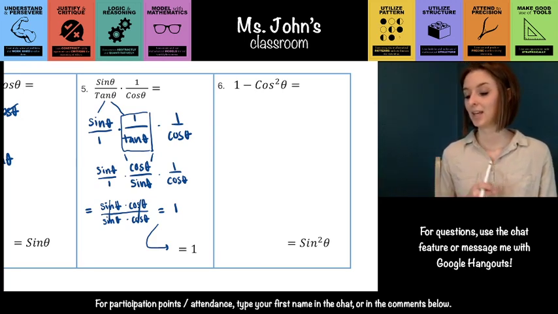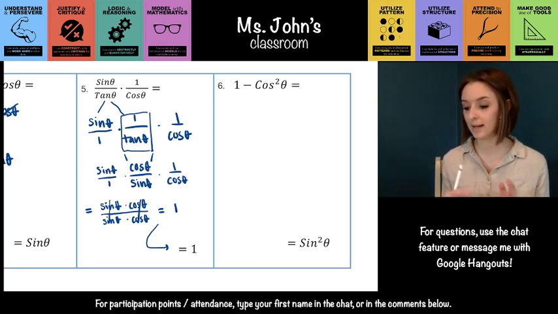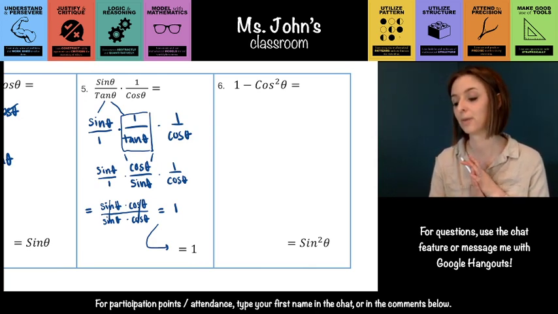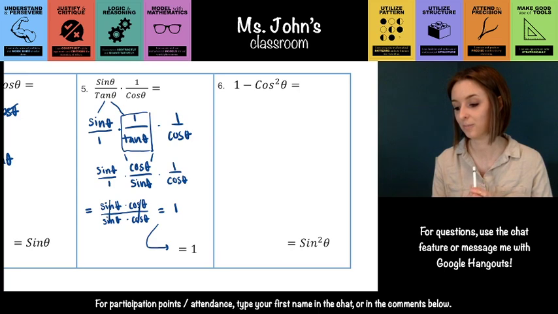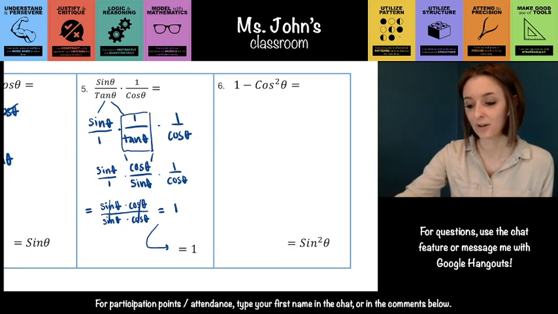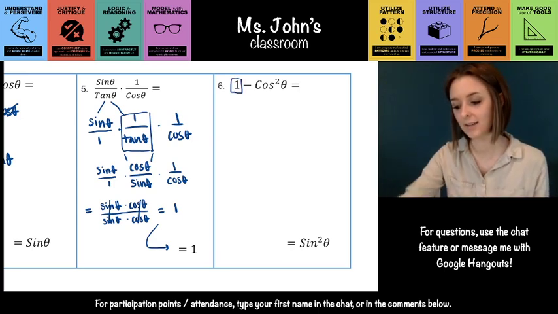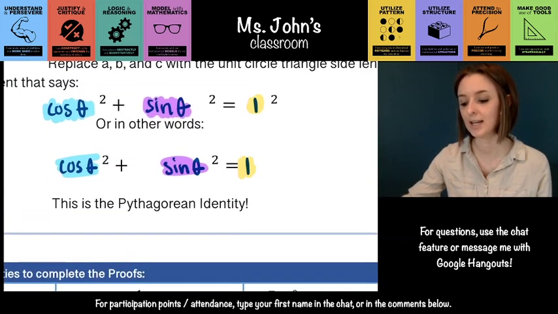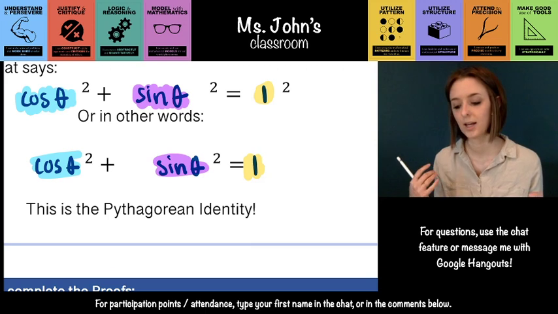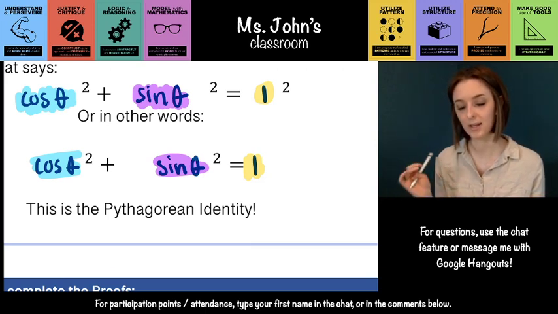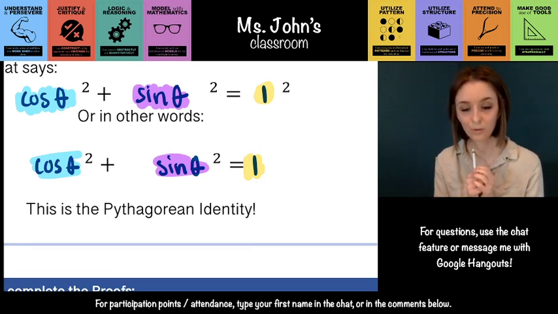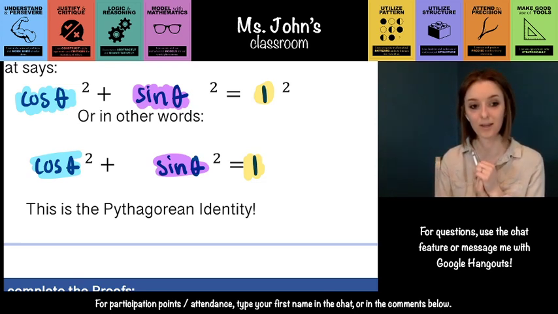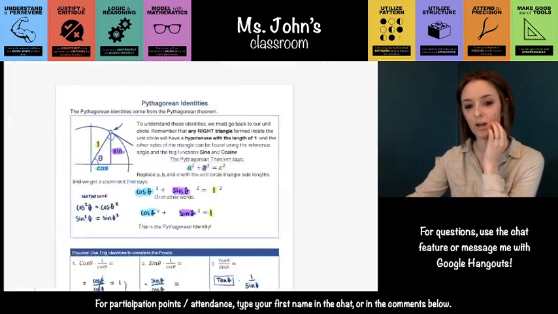It's YouTube. Okay, 1 minus cosine squared of theta equals sine squared of theta. That's what we're trying to prove. So what I'm going to do, and bear with me here, is replace 1, because I have an identity that says cosine squared of theta plus sine squared of theta equals 1. So I'm going to replace 1 with cosine squared of theta plus sine squared of theta.